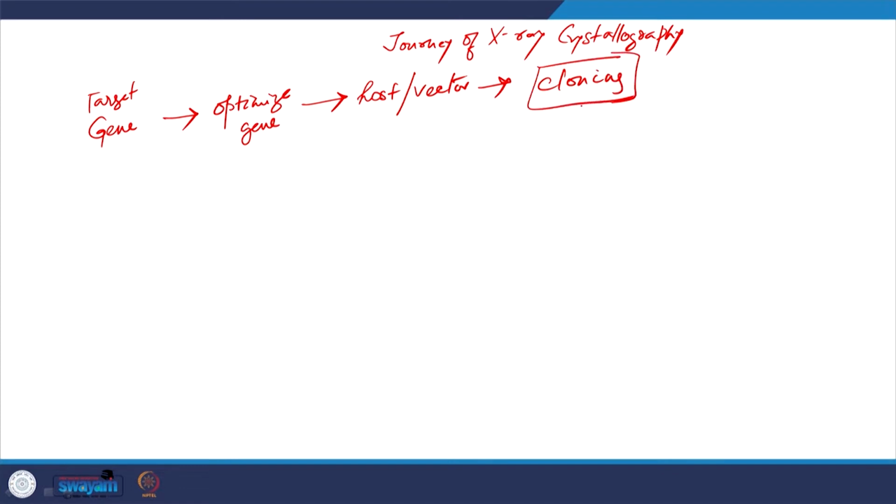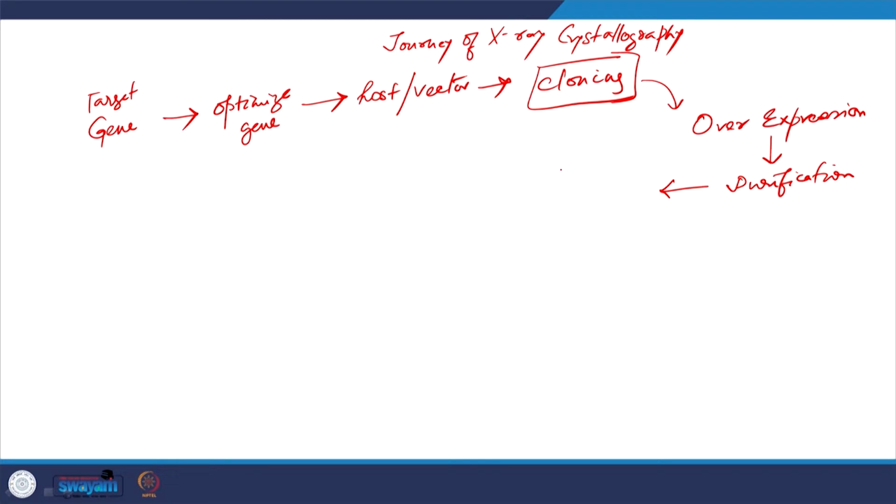Once the gene is cloned, we go for overexpression, because overexpression is very critical here. We do overexpression, then we need to go for purification. We have discussed that, and then for protein we have to do a double check.